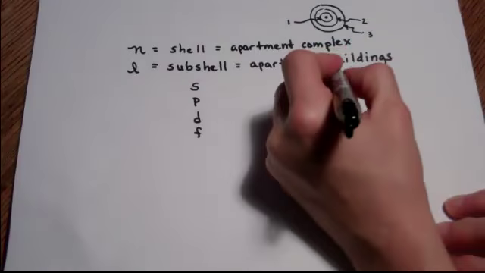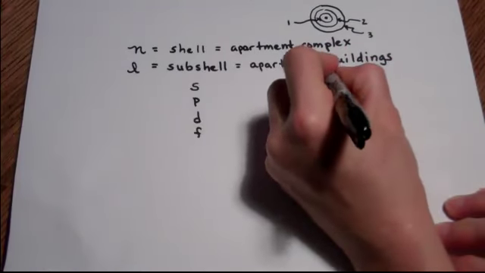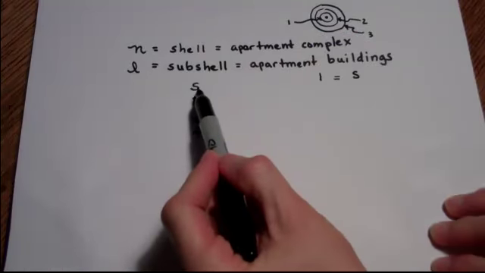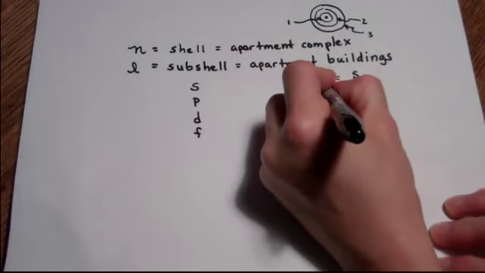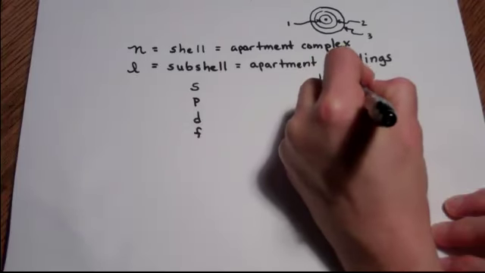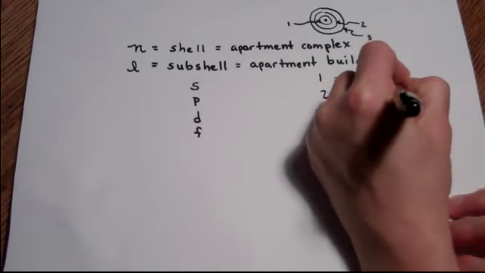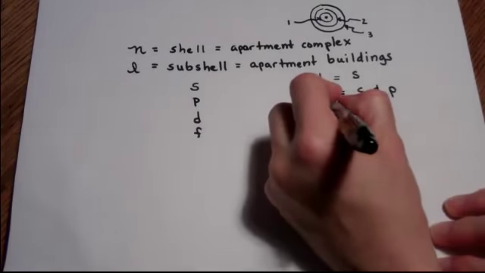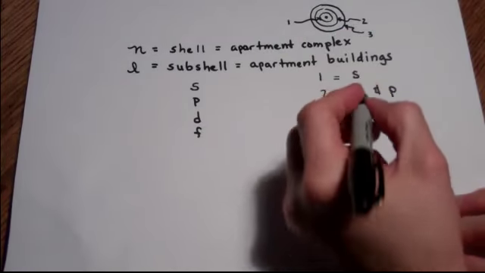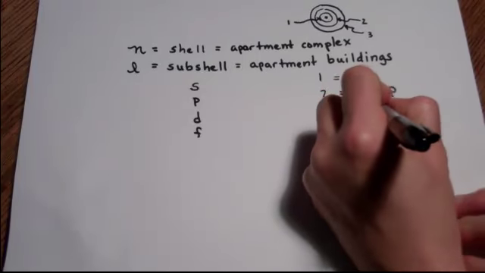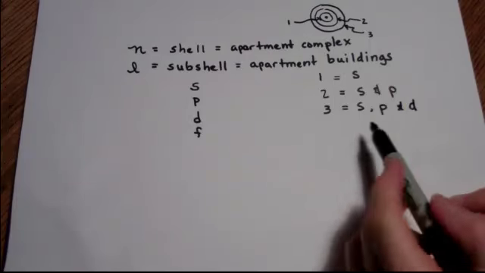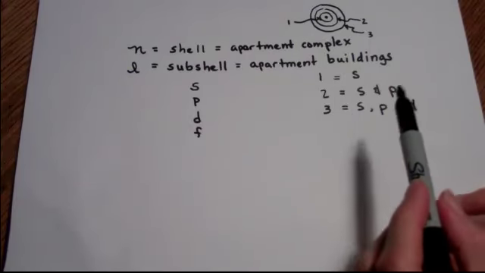The first shell, so n equals 1, only has an s subshell. The second layer out, number 2, has both the s and the p subshells, or the s and the p apartment buildings. The third shell out has s, p, and d subshells, so it's a bigger apartment complex.